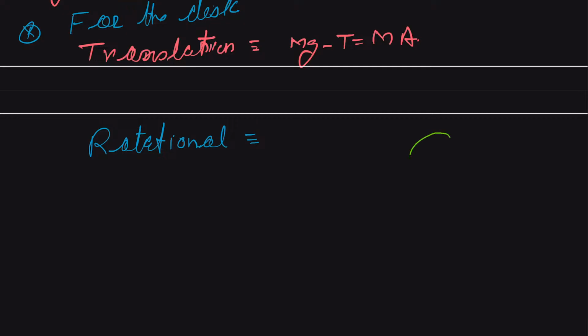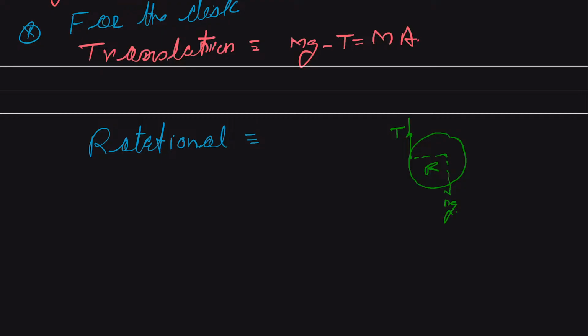So we are going to consider the rotational. There will be torque generated by tension T, and it is at a distance r from the center, and in the downward direction we have Mg.